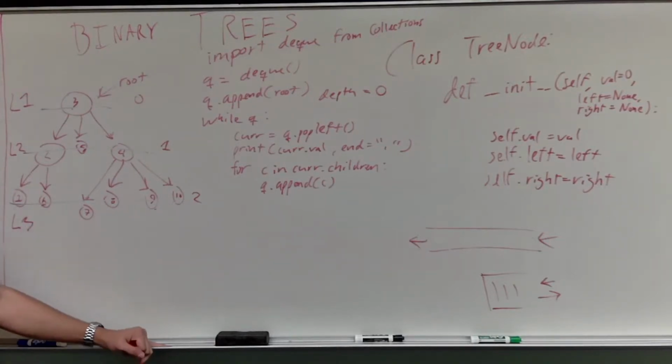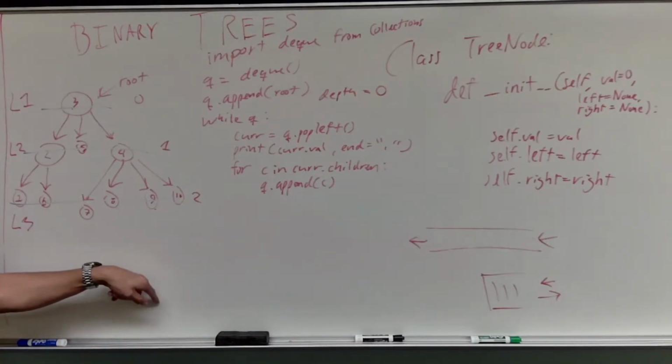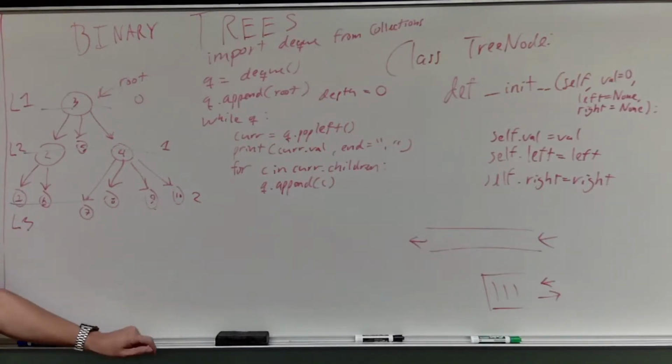Actually, let me think about this a little bit. I think it's a little bit more complicated than this. Let's say we print out curr.value and then depth. We have the value and the depth.